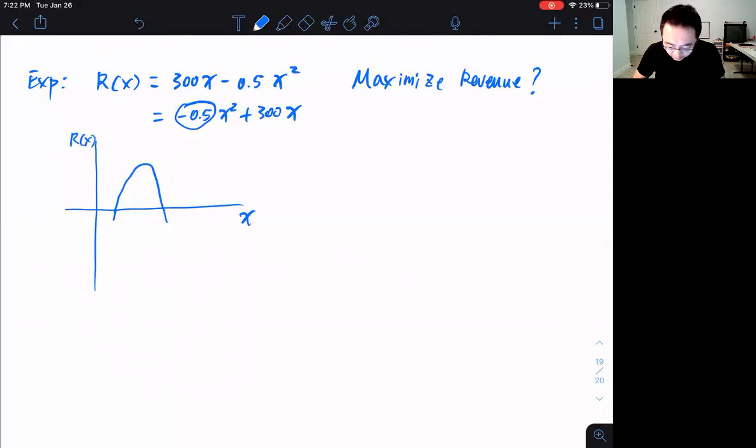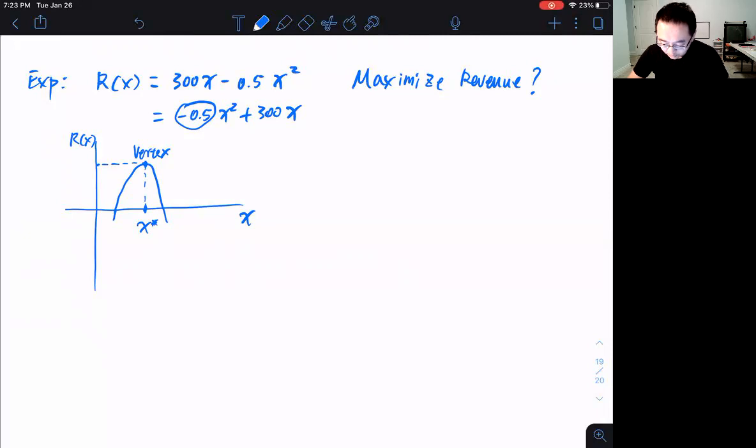This is your revenue. Clearly, your maximum revenue is right here at the vertex, the highest revenue you can get given your revenue function. So your job is to find the perfect x, call it x star. How many days should your cousin rent out her Airbnb in order to maximize her revenue?